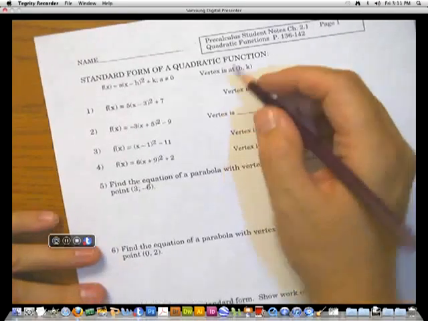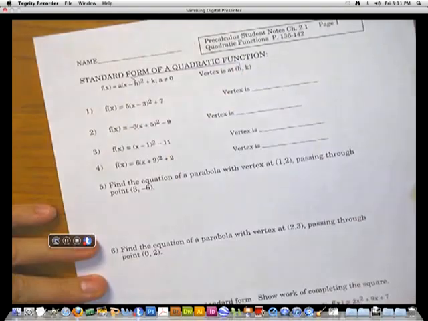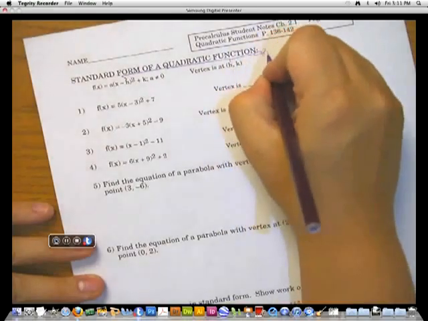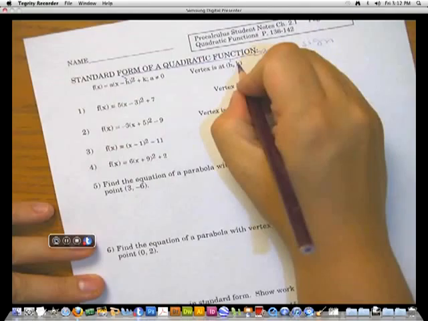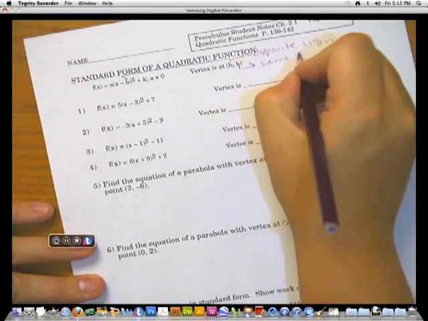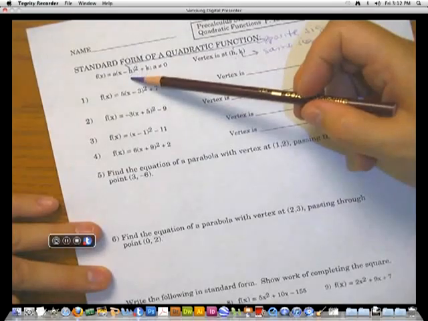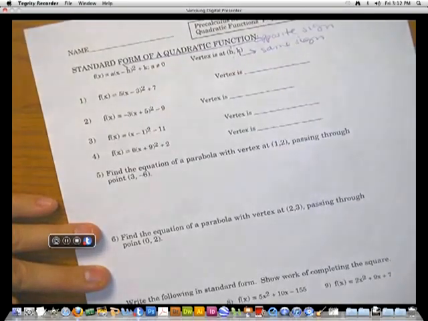So that's the first thing we really need to be aware of when we're asked for what is the vertex and what is the (h, k) of that. h is always going to be opposite sign, whereas k is going to be the same sign. And basically, if it's in a parenthesis, it's always going to be opposite. If it's outside of a parenthesis, it's always going to be the same.